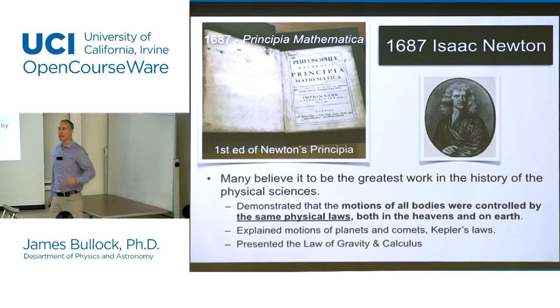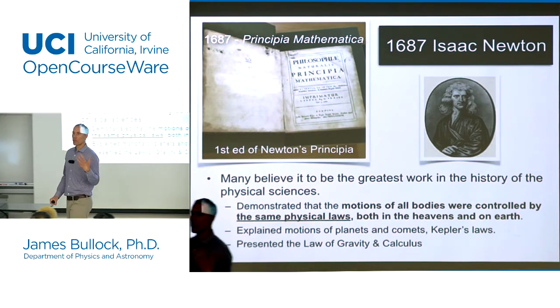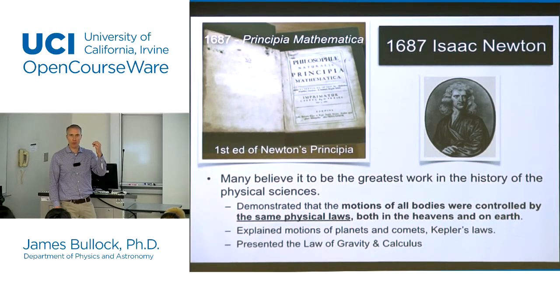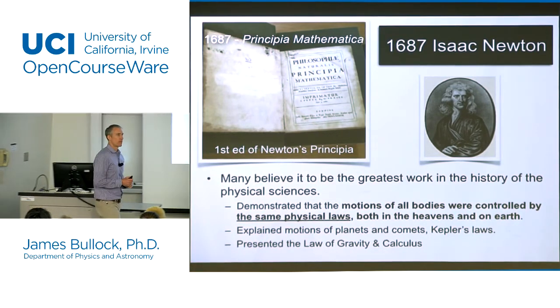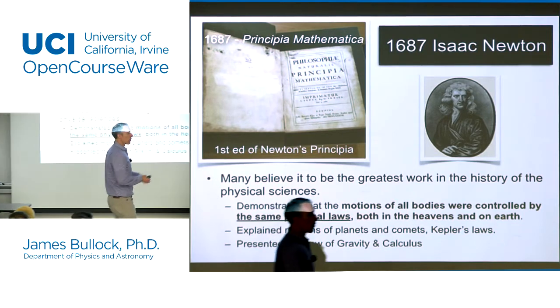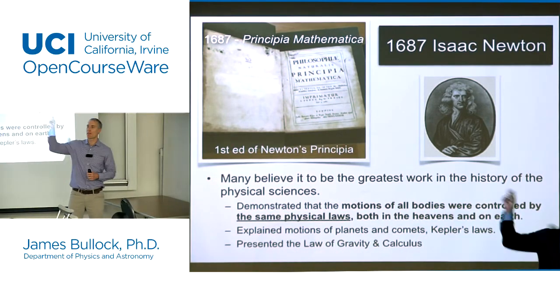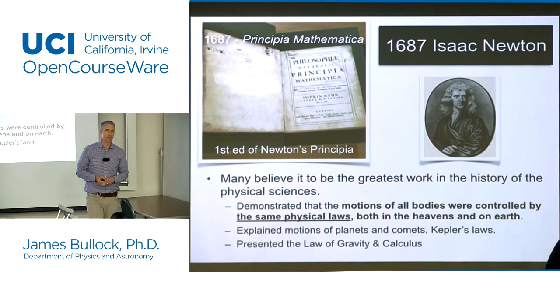In this book, he derived the law of gravity and showed that with his law of gravity, he could explain why all the planets orbit the sun in ellipses and why they have to. He could explain the origin of the tides on Earth. He could explain why comets will come back periodically and when they will come back.